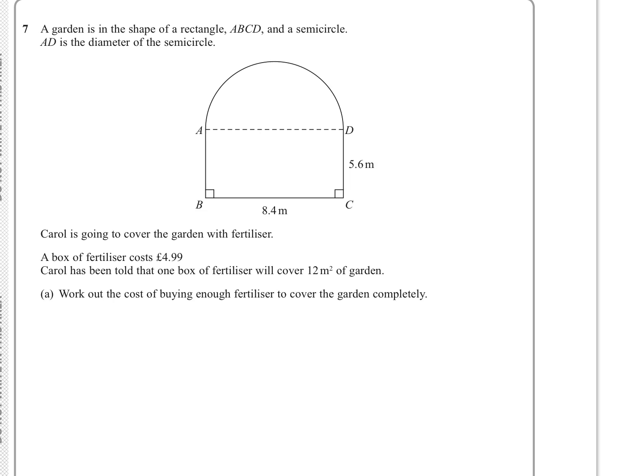Question 7. I've done this on the foundation paper as well. So if you want a slower explanation, then have a look at that one. So let's have a go. This one here, the rectangle, is 8.4 by 5.6.